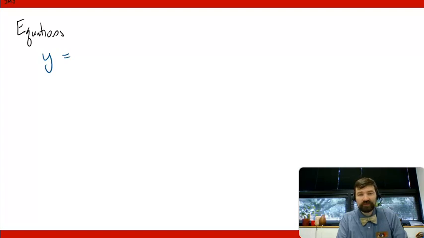Okay, the equations, therefore, might look like this. y could be negative 1/2 g t squared plus v initial t plus y initial.